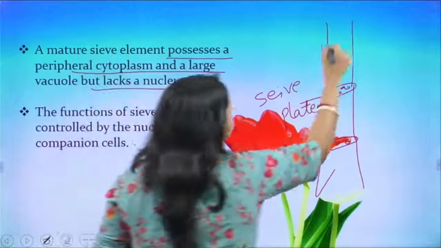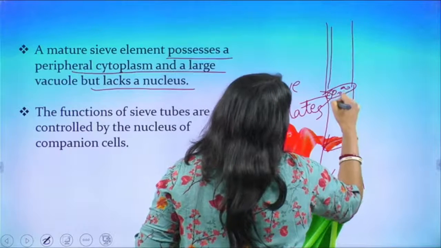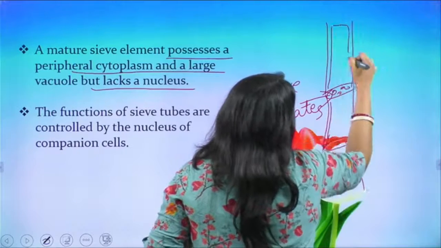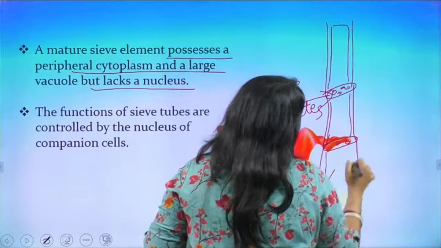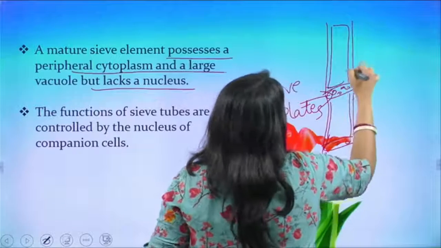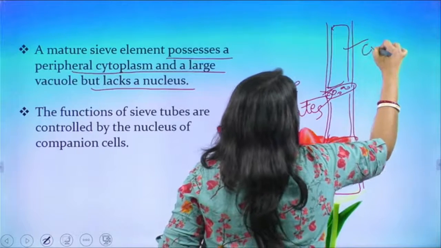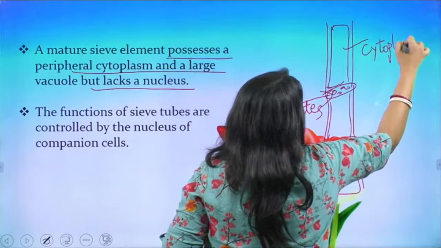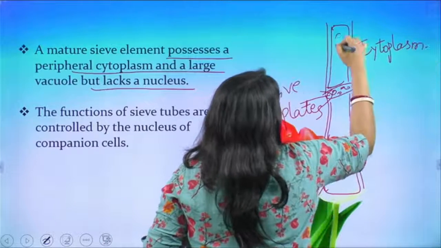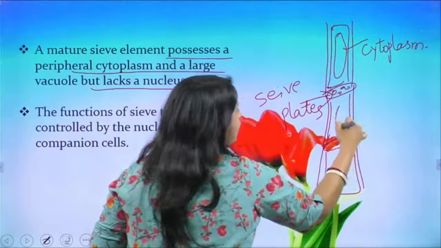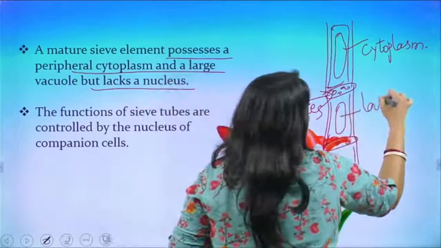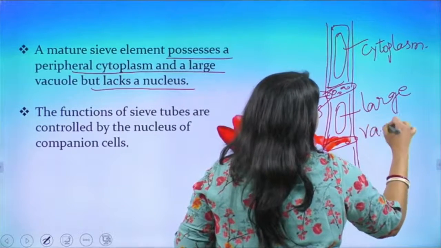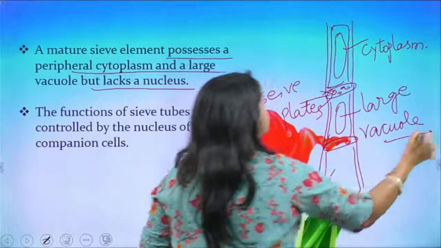So here somewhere the cytoplasm will be here. This area we call it as the cytoplasm, right? This portion is your cytoplasm, and they have got a large vacuole. Is that clear?